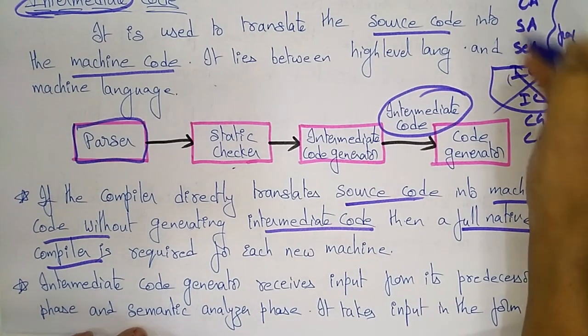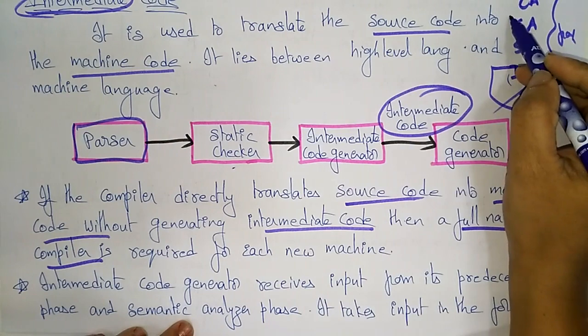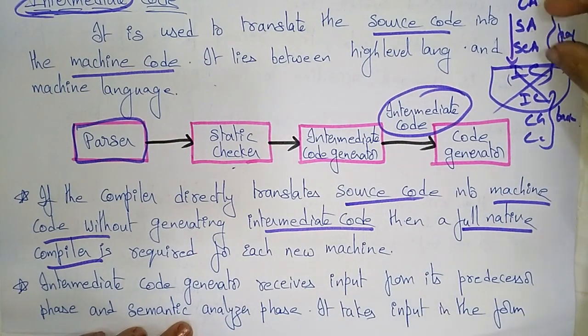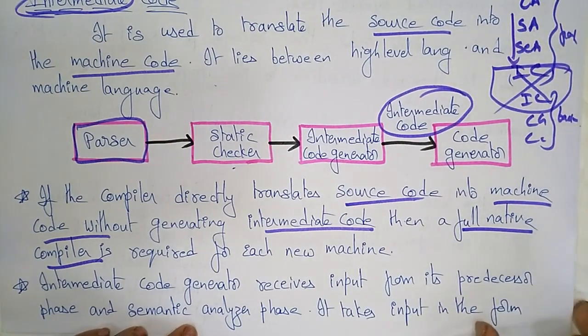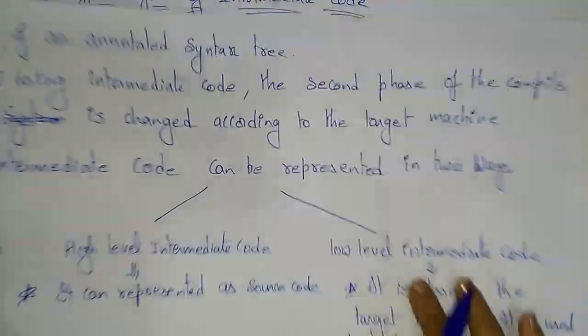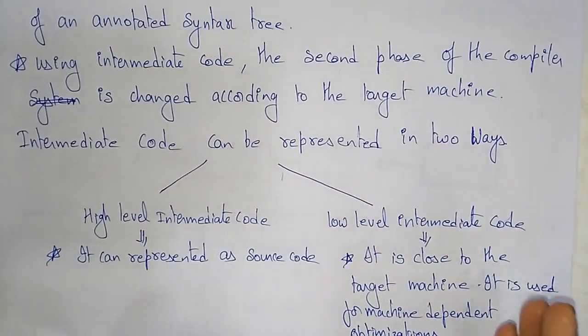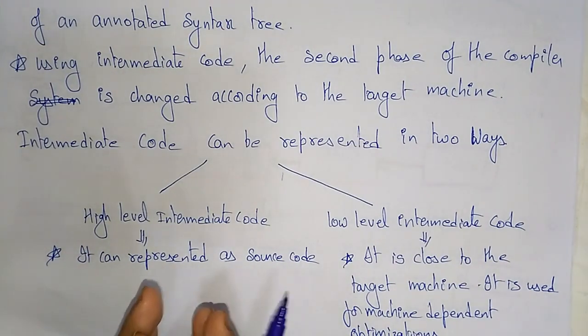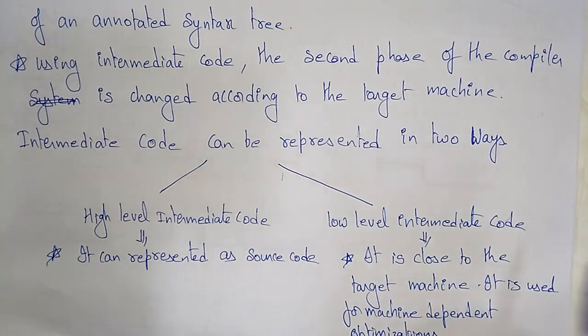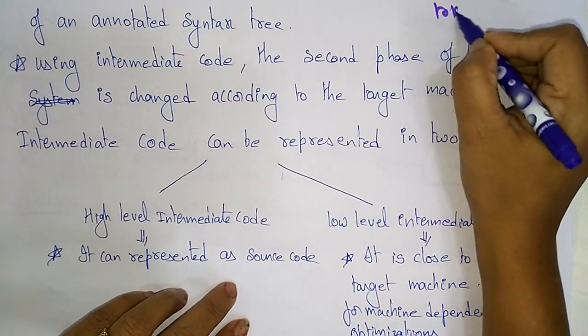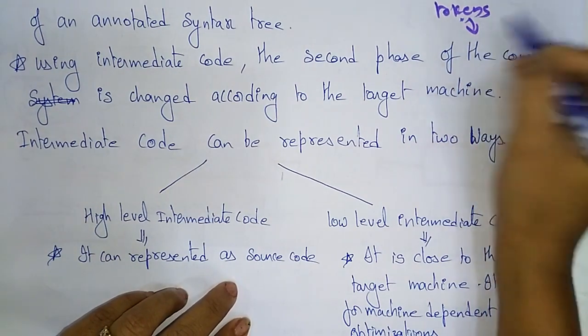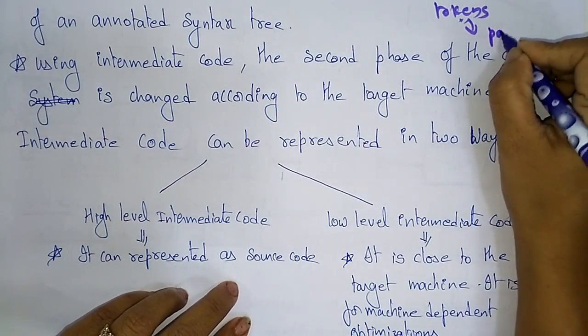So we know that this intermediate code is going to receive the information from the predecessor phases. It takes input in the form of an annotated syntax tree. So the intermediate code will take the input as a syntax tree, because whatever tokens the lexical analyzer takes are represented in the form of a parse tree.